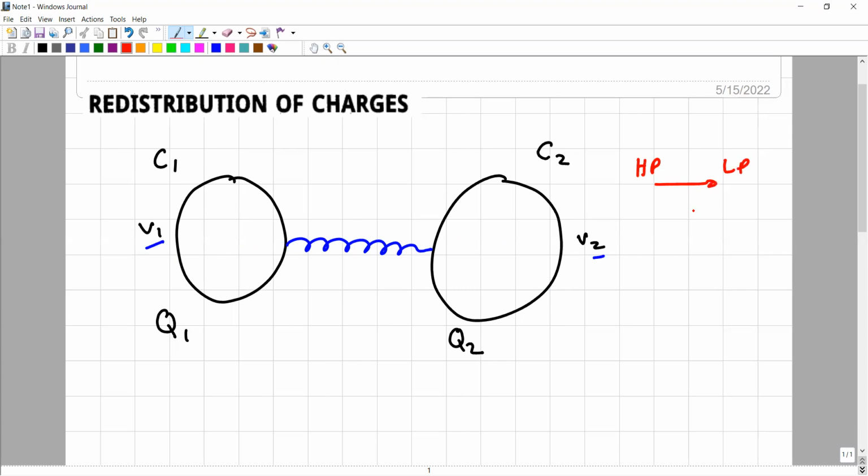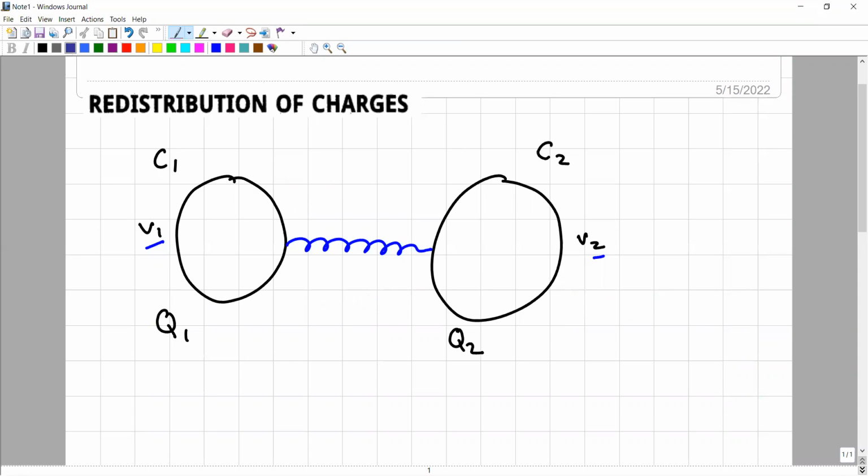So these two potentials V1 and V2 here, might be V2 is higher than V1, then some charge is going to flow from this to here, or maybe V1 is higher than V2, so some charge is going to flow the other side. So what you see, that there can be a redistribution of charge. This redistribution of charge would happen because both these capacitors have different potentials.